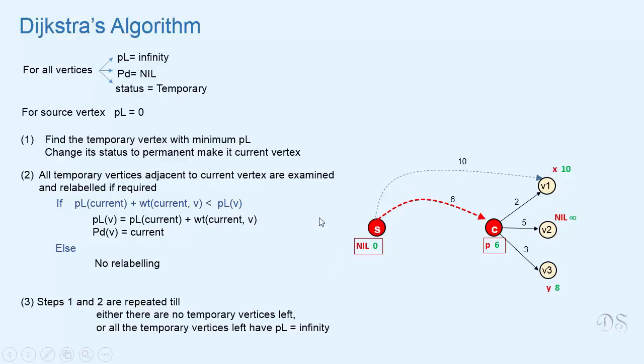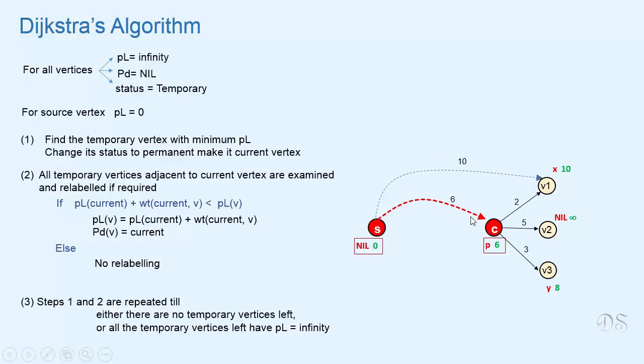Now we check this condition for this vertex V1. Path length of current vertex is 6. Path length of V1 is 10. And the weight on this edge is 2. Now 6 plus 2 is less than 10. So this condition is true. It means that we have found a shorter path to vertex V1. Till now we knew that the shortest path to V1 was of length 10.